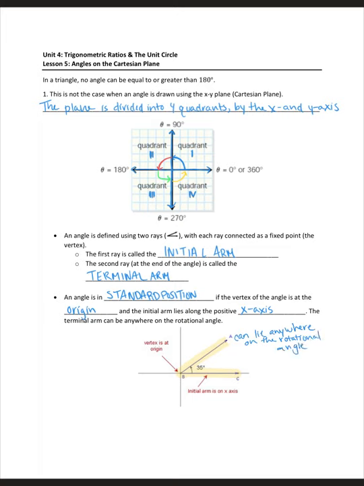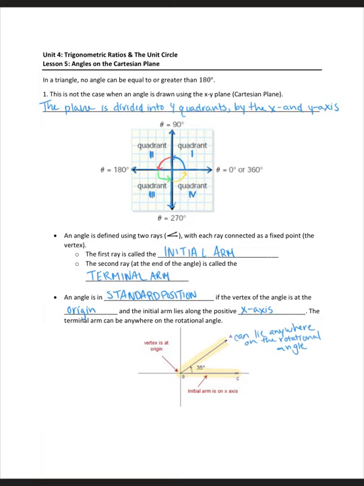So I'll erase this, but that means I can have my terminal arm be here in quadrant 1, it could be here, it could be here, but straight, right? It could be here. So anywhere along that rotational point of our vertex, we can have that terminal arm. Okay, we won't keep all those there, that's just to show you. And then this is the standard position.